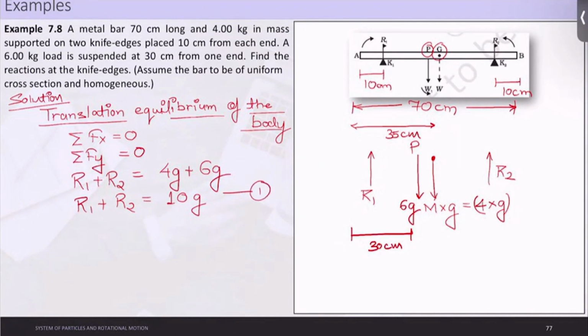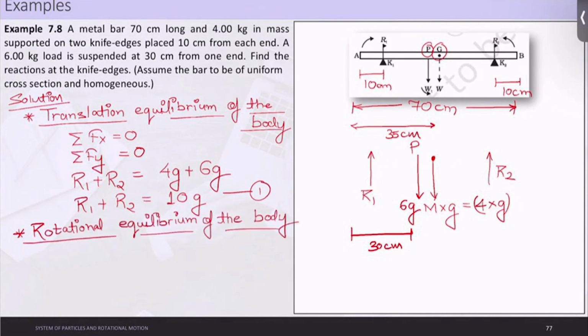So this is your translational equilibrium done. Now let us calculate the rotational equilibrium of the body. Let us calculate the rotational equilibrium of the body about the point G, that is the center of gravity. Let me start from the leftmost portion.